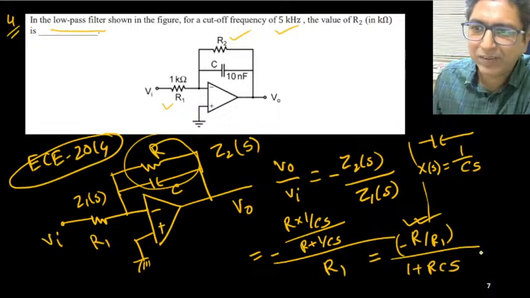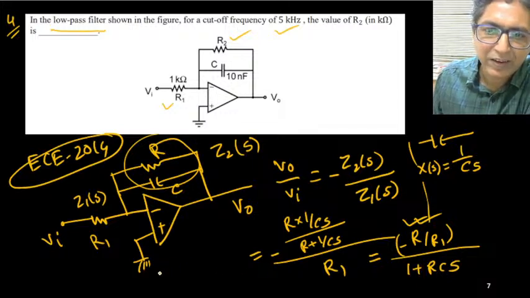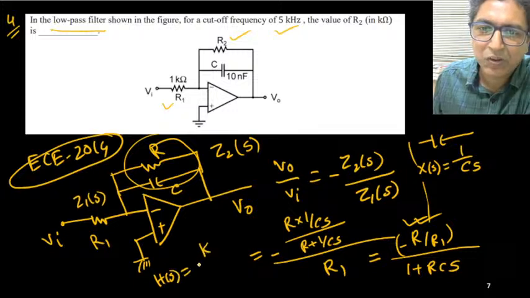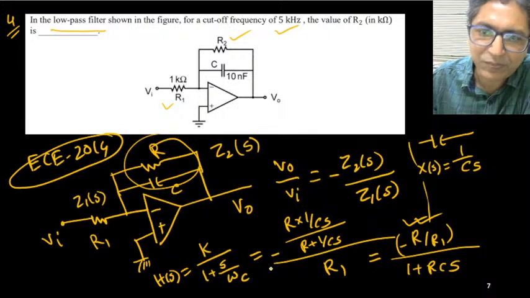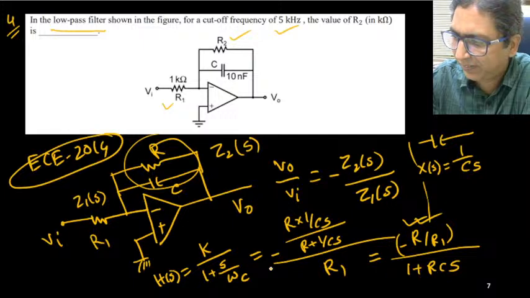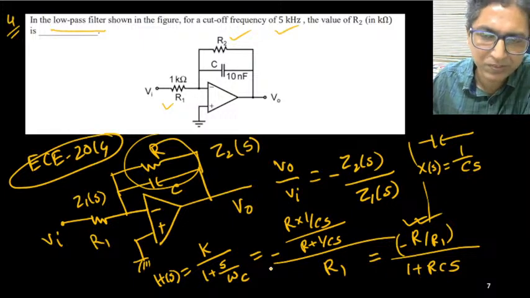But this one I can write. Any transfer function H(s) can be written as some constant by 1 plus s by omega C. That is the form of a low pass filter. So if it is a low pass filter, it should have a pole. Okay.